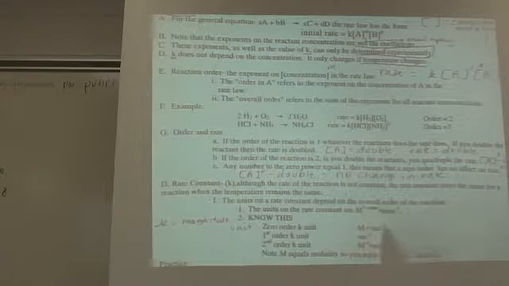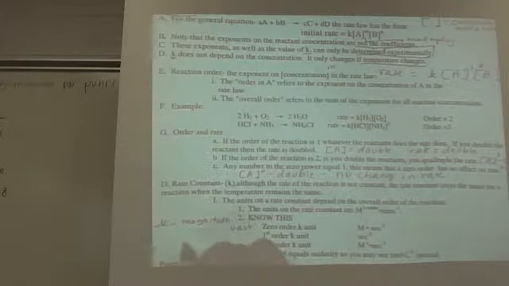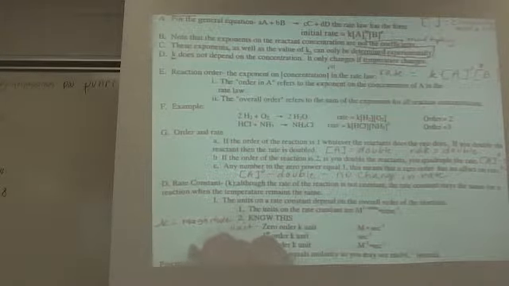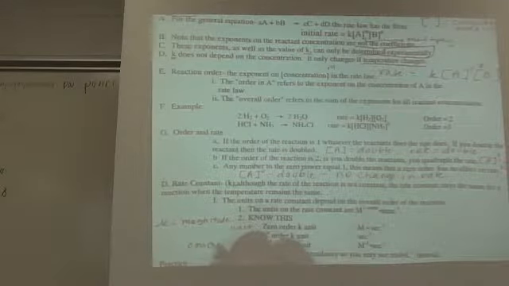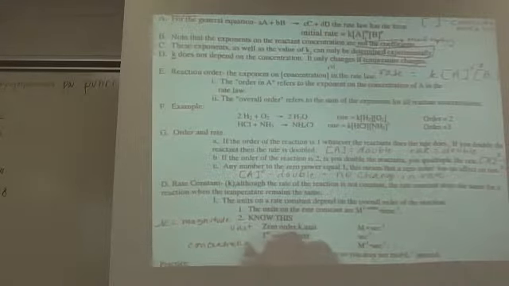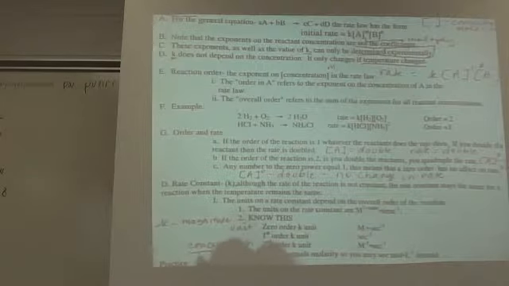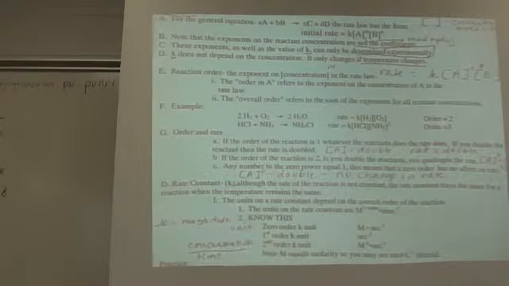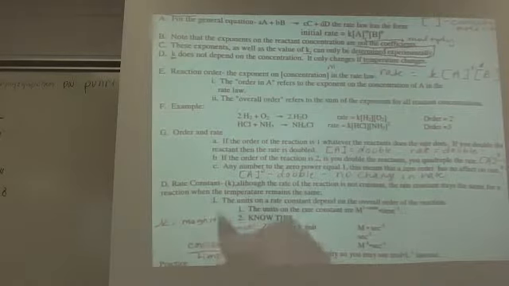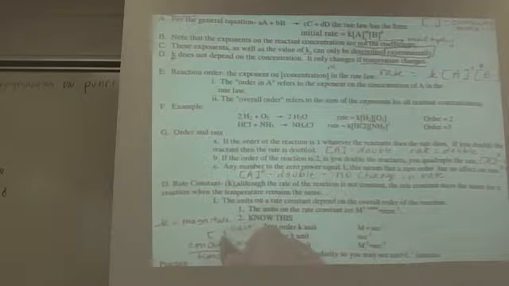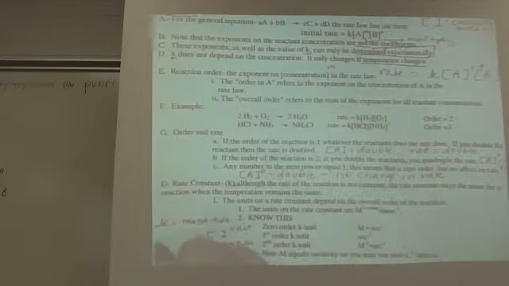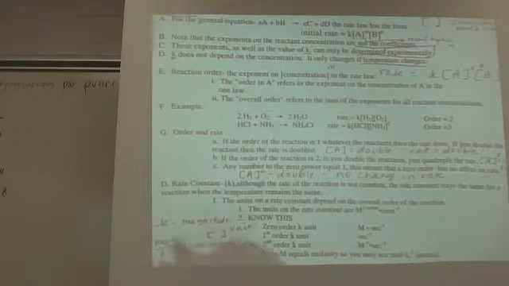So, a rate constant usually has a unit that has some concentration per unit time. All right. So the concentration is going to be in molarity, and we recall that molarity is moles per liter.